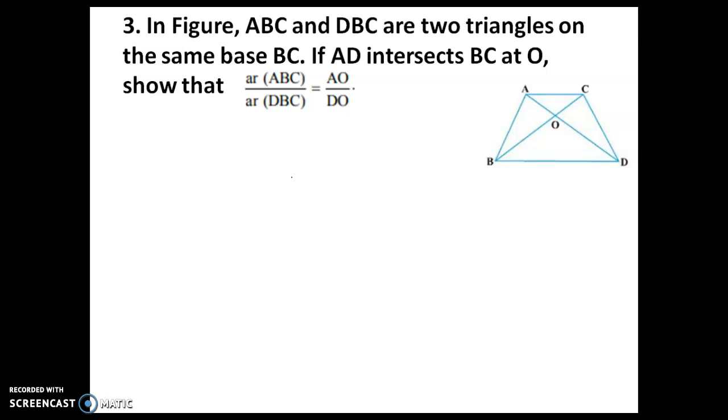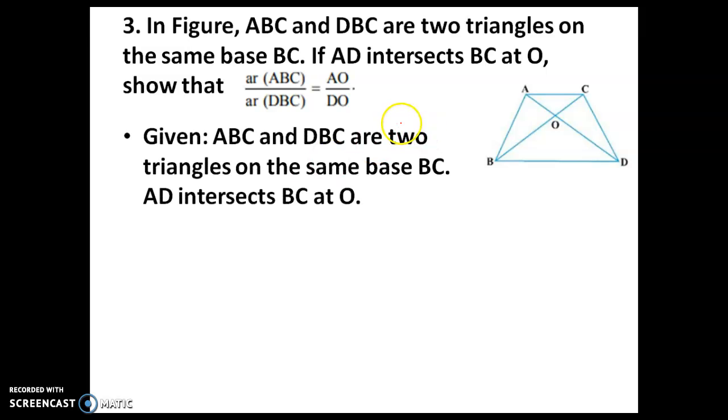Next problem. In the figure, ABC and DBC are two triangles on the same base BC. If AD intersects BC at O, show that area of ABC divided by area of DBC equals AO by DO. This is the question. So you have to write the given data.